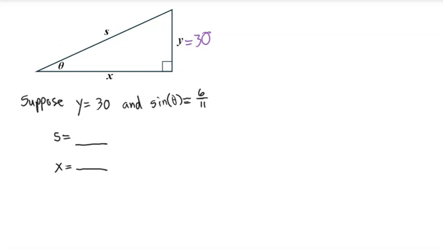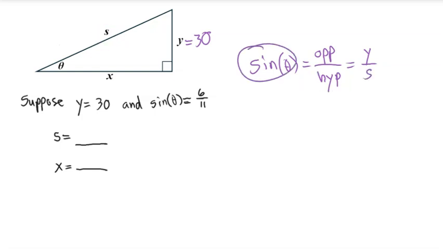We start with, what is the relationship of sine? Well, sine of theta is equal to opposite over hypotenuse. Now we want to convert that into letters. The opposite side is y, and the hypotenuse is s, so sine is equal to y over s.